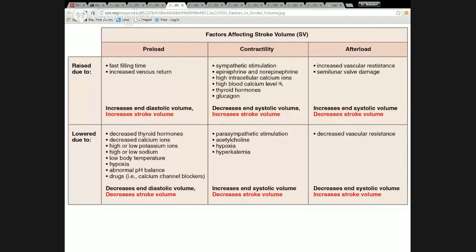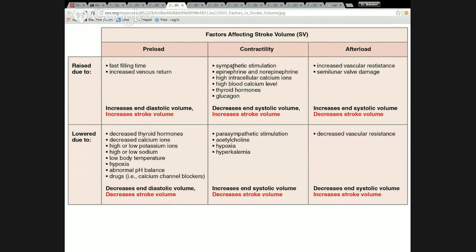So if the calcium levels are high, then more is going to enter in through that plateau, and you're going to get increased contractility. That can be affected by increasing the amount of calcium in the cell, which has to happen earlier, so more calcium can be stored in the cell, so it's able to be contractile.